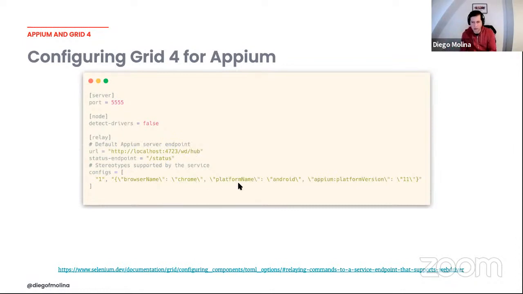This is what we call a stereotype. So in this case, maybe an Appium server will support Chrome, Android, and this platform version.